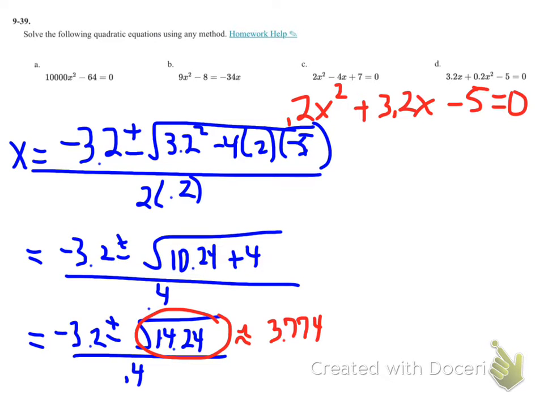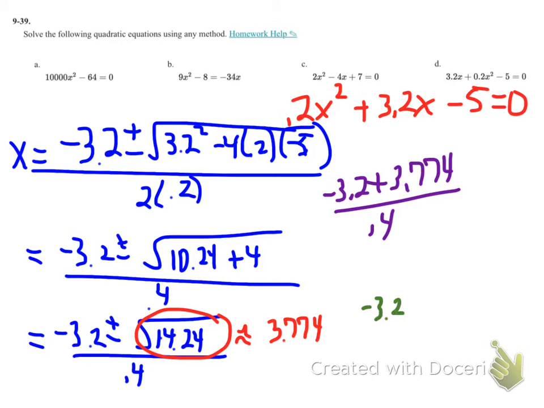So now I'm going to break this up into 2 separate problems because of my plus and minus. I have a negative 3.2 plus 3.774 over 0.4. And the second one is going to be a negative 3.2 minus 3.774 all over 0.4.